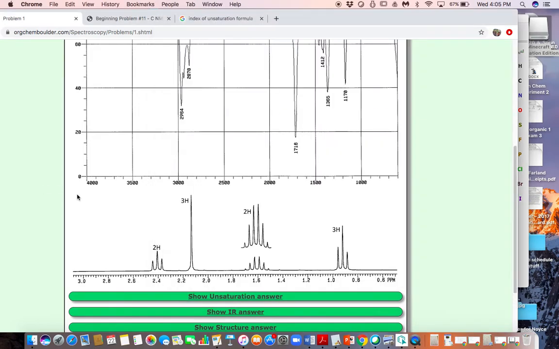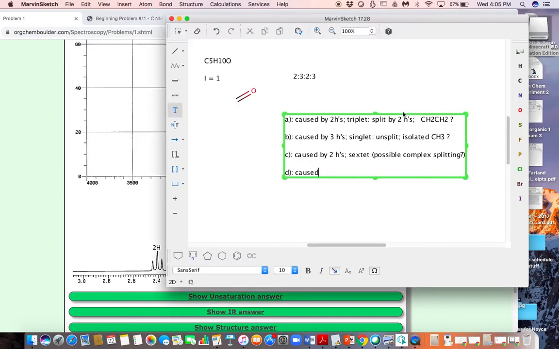All right, then we look at signal D. Signal D is caused by 3 H's. And we have a triplet. That again means split by 2 H's.